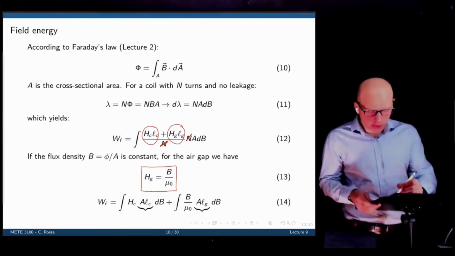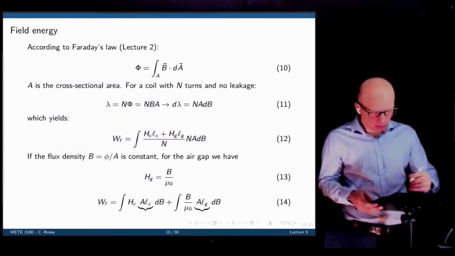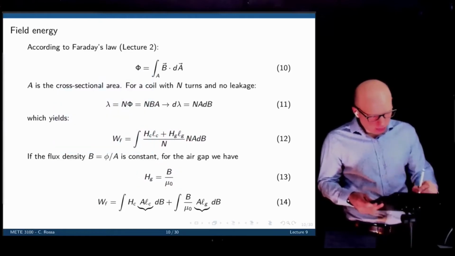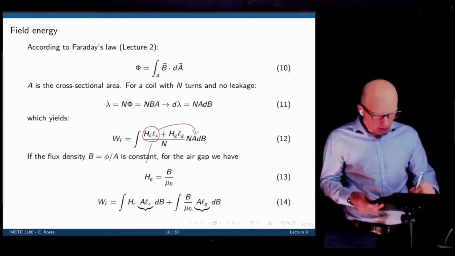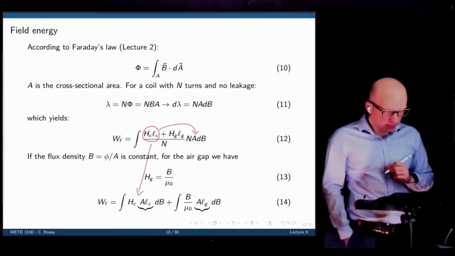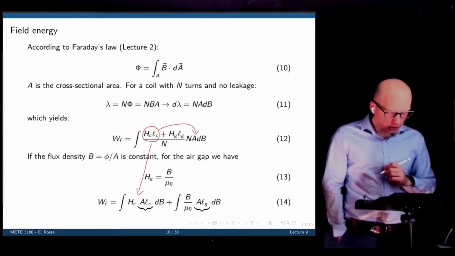So we take the first part of the equation, that's the core, and we can integrate that. So core field times the core path times its cross section.